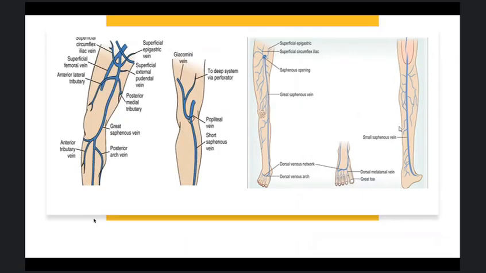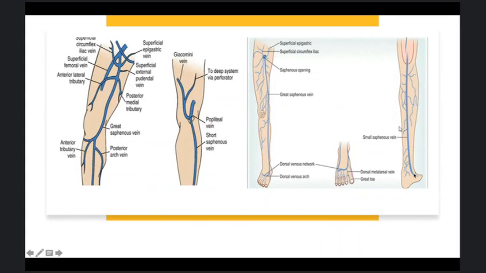Now, as we see here, the great saphenous vein starts as a medial continuation of the dorsal venous arch, ascends in the medial aspect of the leg and the anteromedial aspect of the thigh to join the common femoral vein in the groin at the saphenofemoral junction.